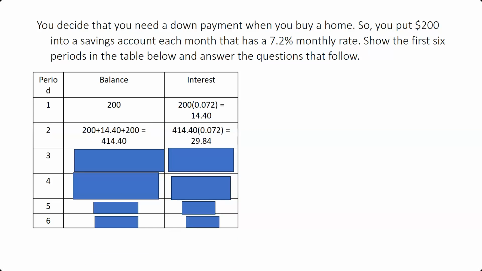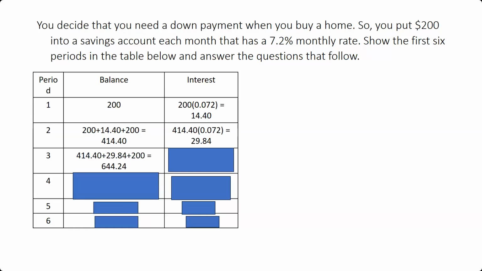We're only at 29.84. So then for the next one, you have your balance, 414, plus your interest, plus the $200 deposit, which gives you 644.24.